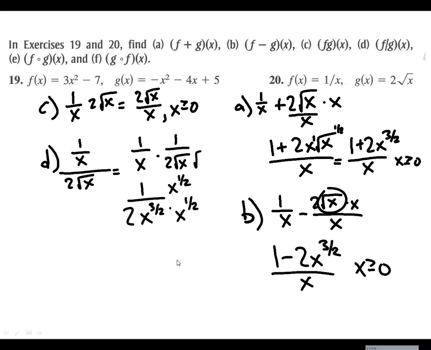That's the same thing as saying multiply the top and the bottom by the square root, so that our square roots will cancel out and just leave us with x on the bottom there, square root of x squared. And so we'll have square root of x over 2x squared. And what we need to make sure we have here is x is greater than or equal to 0 again. Go ahead and pause if you want to take a look at those.